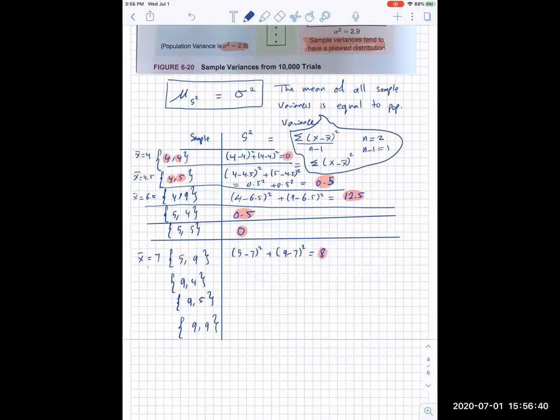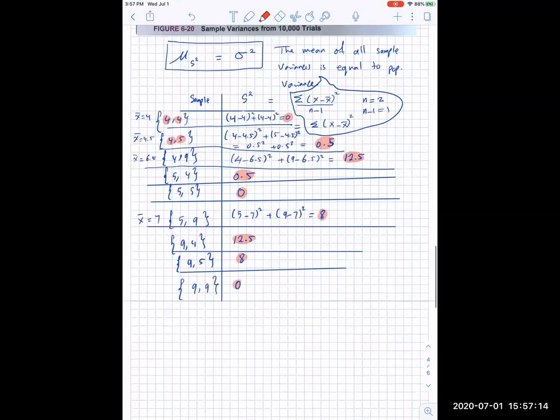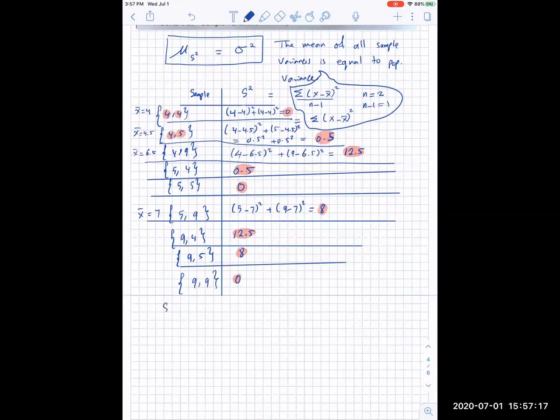And then the next 3. 9 and 4, same as 4 and 9, 12.5. 9 and 5, same as 5 and 9, this is 8. And then 9 and 9 is 0. Right? So I got all my sample variances. I have 9 of them, one for all the samples.